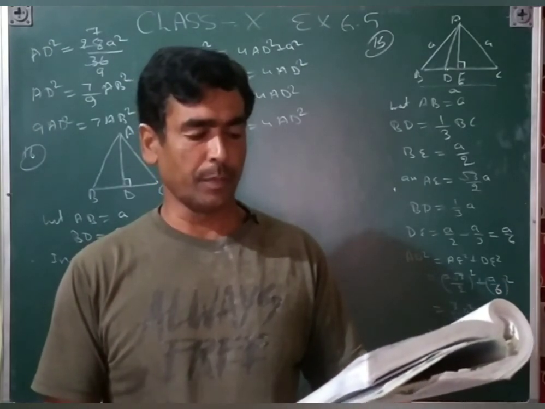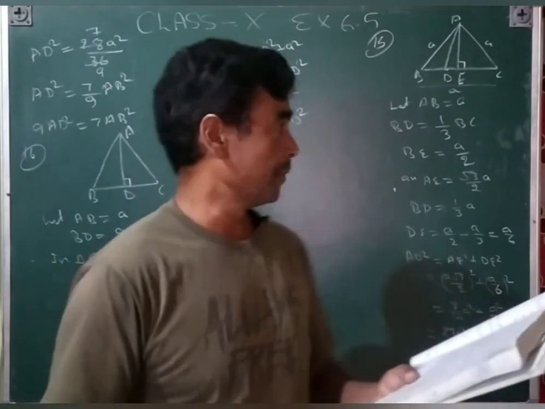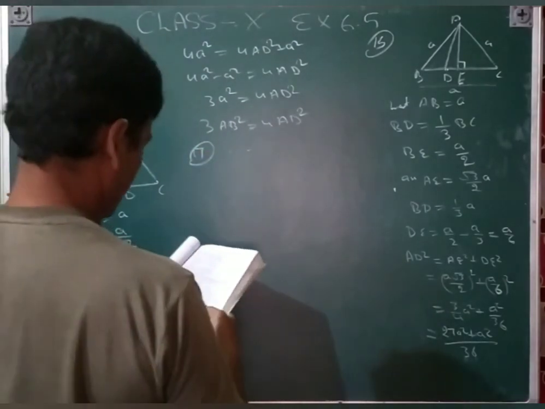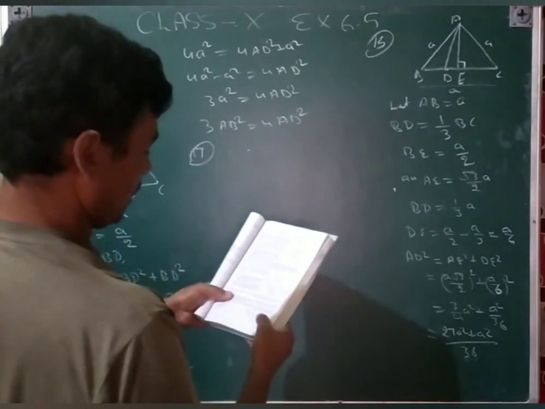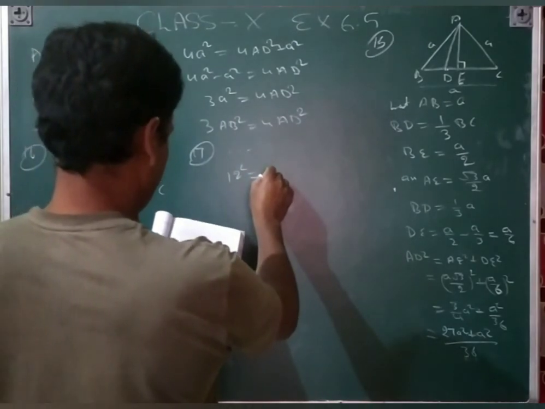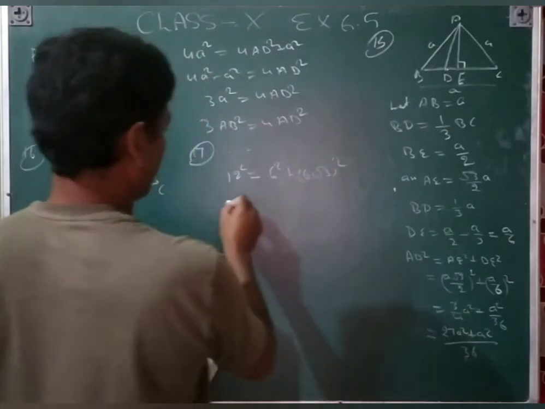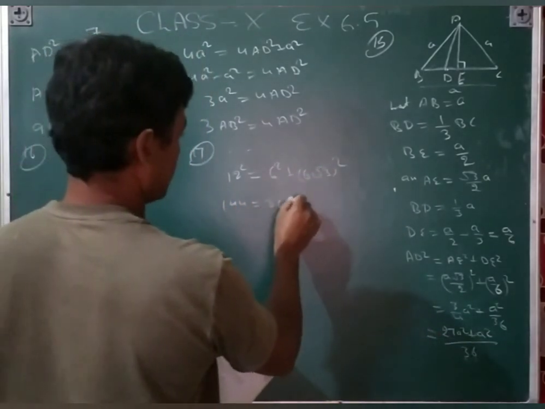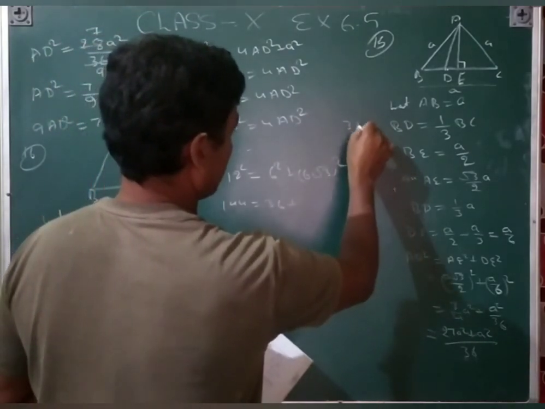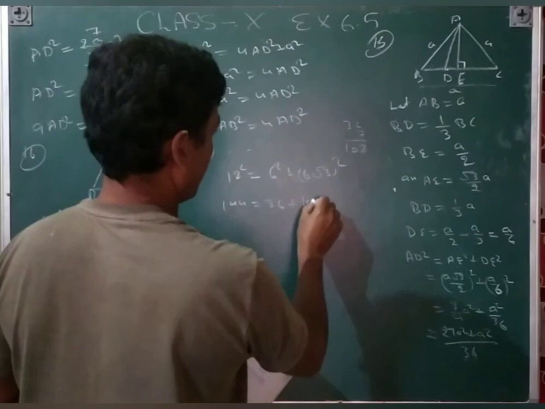Then angle B will be... we will apply here that the longest side is 12, so 12 square is equal to 6 square plus 6 under root 3 square. 144 is equal to 36 plus 36 times 3, which is 108, so 36 plus 108 is 144.